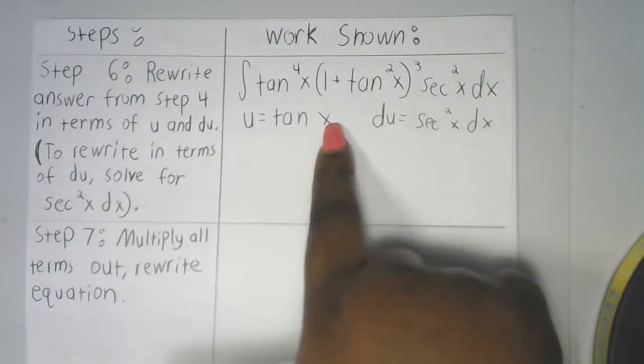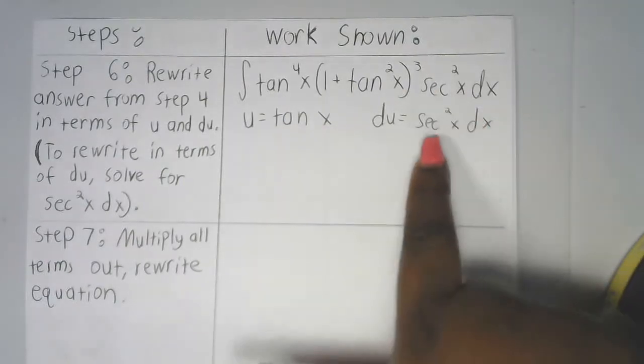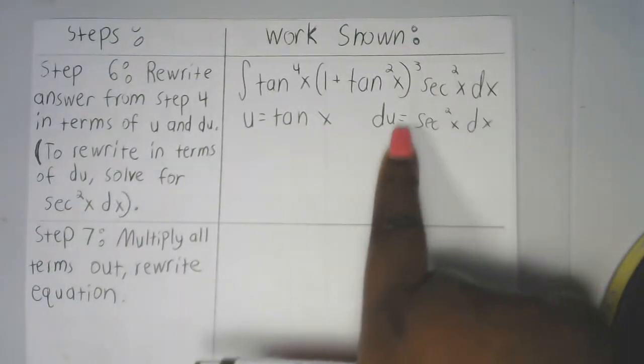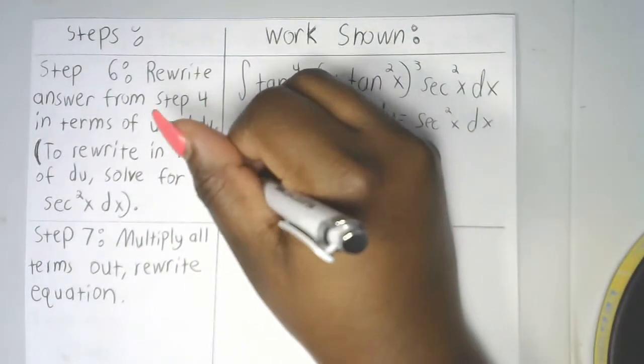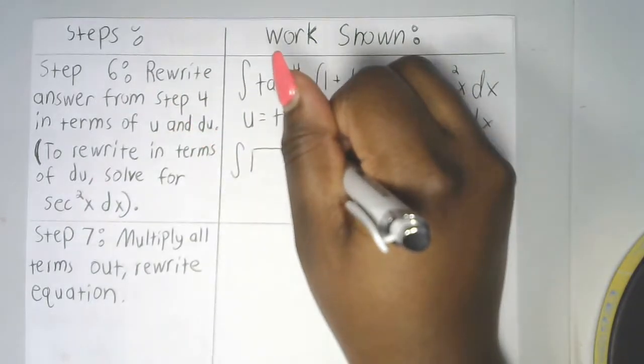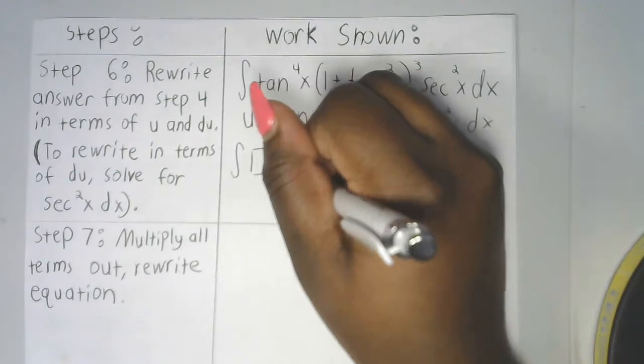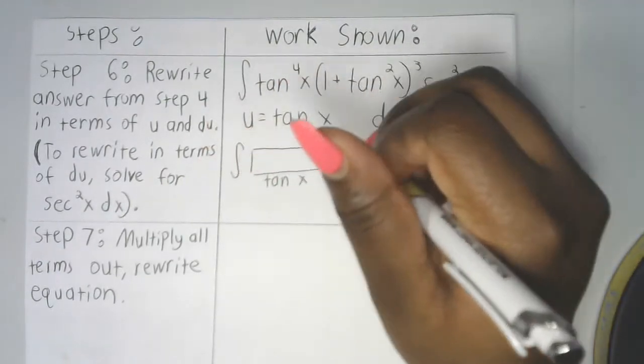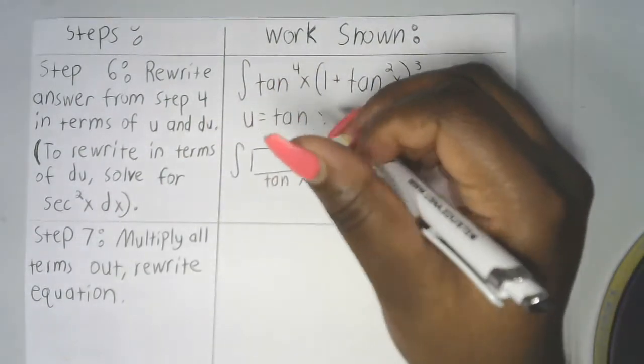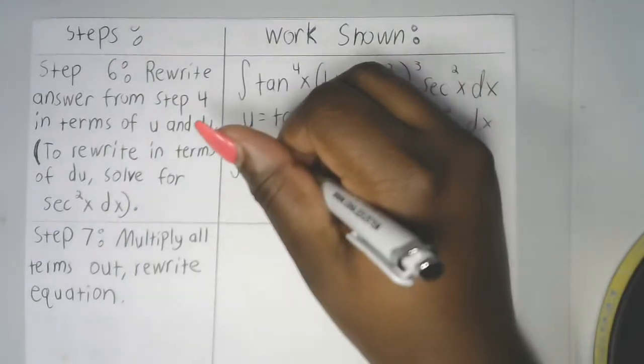Everywhere we see tan x, we're going to put u. Everywhere we see secant x squared dx, we're going to put du. Let me put some boxes to illustrate my point. Instead of tan x to the 4th, we would put u to the 4th.